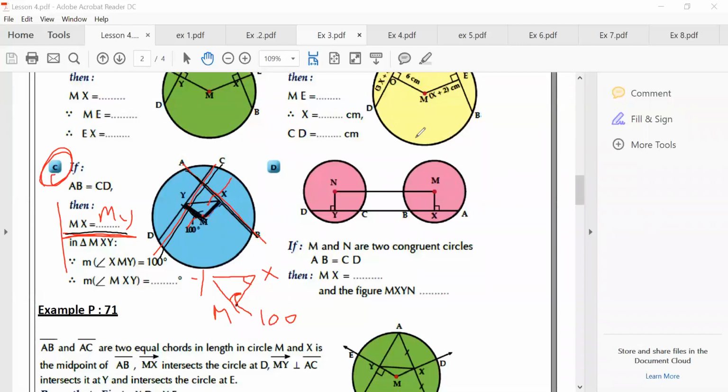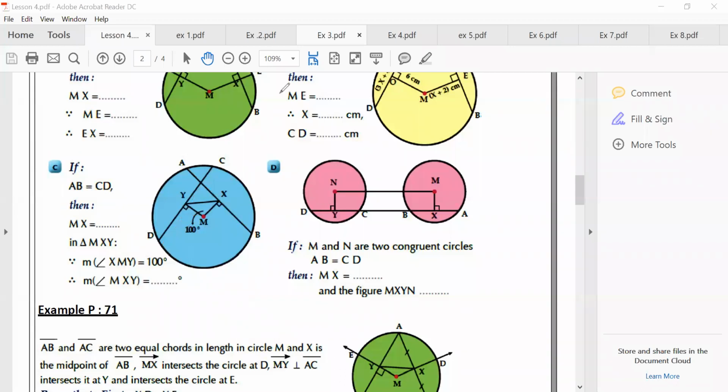So when MX equal to MY, this means that this triangle becomes an isosceles triangle. The vertex angle is 100, so the two base angles will be equal in measure. So I will make 180 minus 100 divided by 2, equal 80 divided by 2. So each angle would be 40 degrees. Okay?